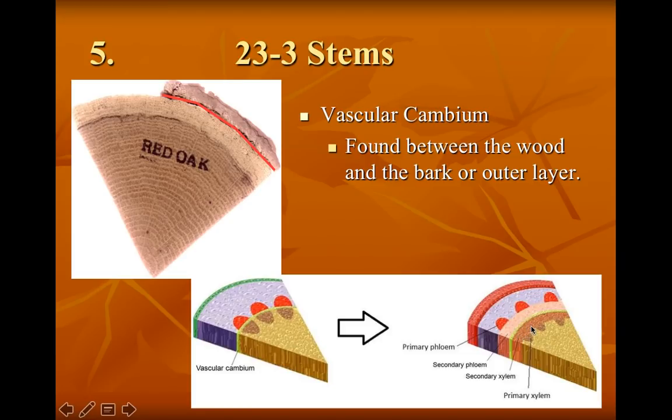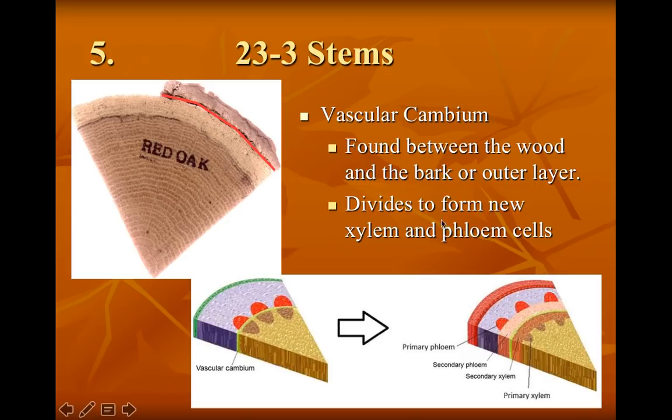So technically, it gets wider: more xylem grows in this direction, and more phloem grows in that direction. Over time, this whole stem is going to get wider and wider. So the oldest xylem will be towards the middle, the oldest phloem will be towards the outside, and the youngest xylem and phloem are going to be the layers closest to the vascular cambium.